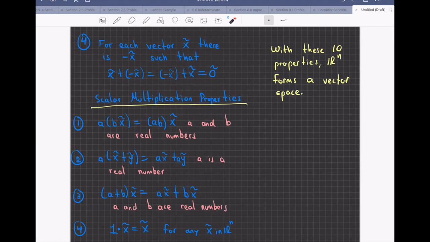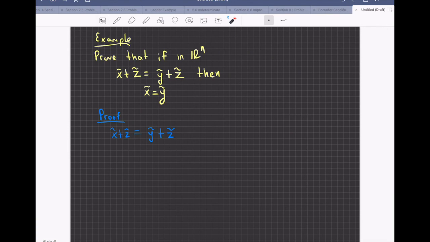Notice there is property number 4 for addition. It says that any vector has another vector such that when I add it, I get the zero vector. So I would say here, from property 4 of addition, I have x plus c.